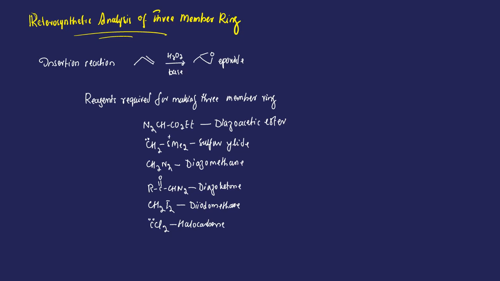ring system. As far as the diazoacetic ester is concerned, it is made from glycine, an amino acid. For example, we have a glycine amino acid.